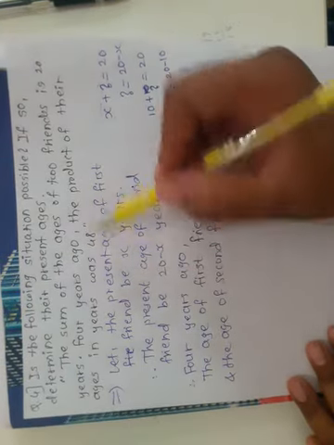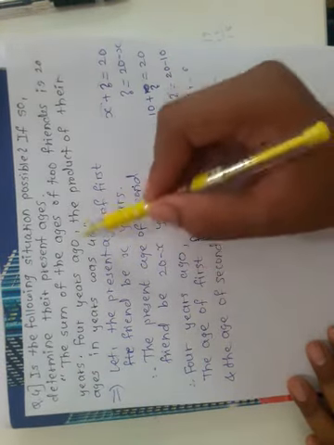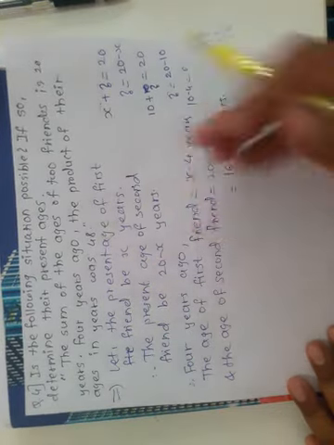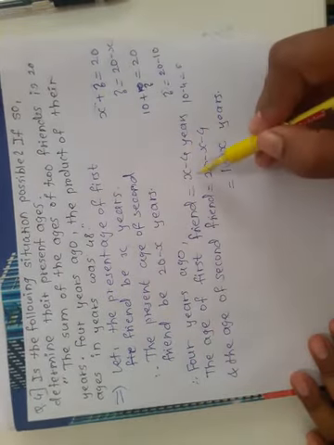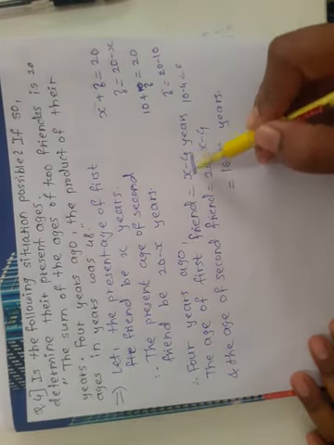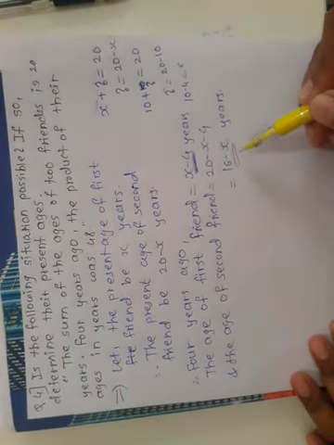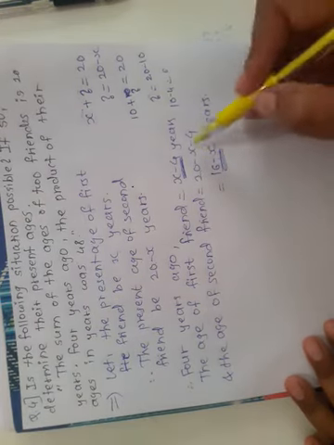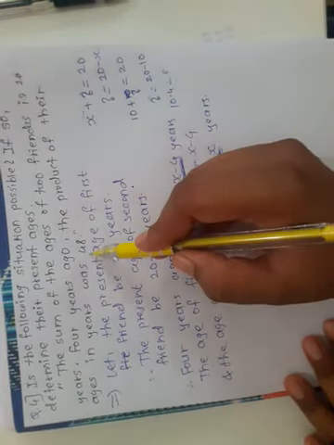Now what is given to us? Four years ago the product of their ages in years was 48, meaning their ages before 4 years were x minus 4 and 16 minus x. The product of these ages is 48.